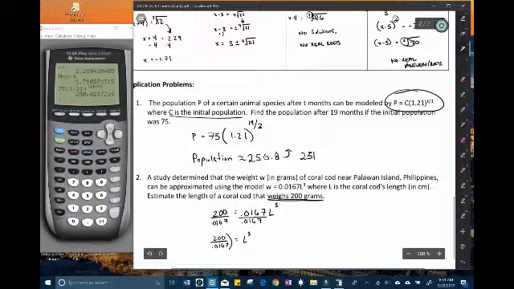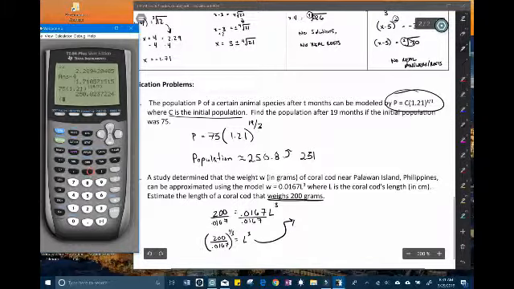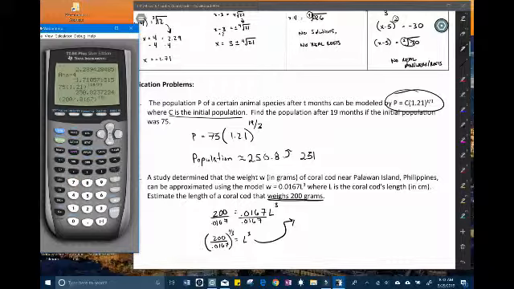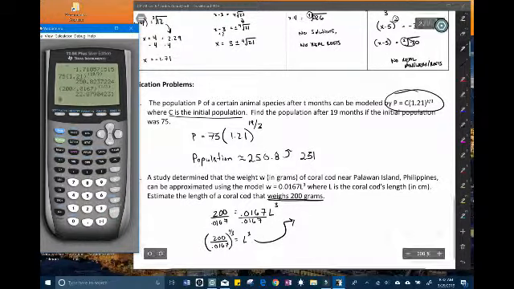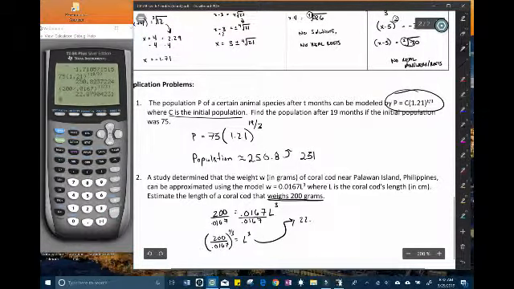And then we can actually take the cubic root or raise that to the 1/3 power at the same time. And I'll show you what that looks like in the calculator. 200 divided by 0.0167, to the 1/3. We get approximately 22.87 or 23 centimeters.